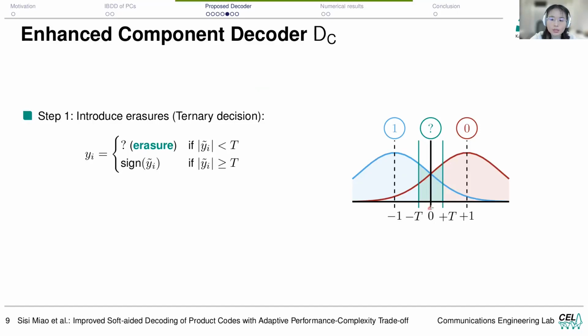The idea is that because we have a BDD-based decoder, if we introduce too many errors at the beginning, then we cannot correct them no matter what we do. But if we turn some errors into erasures, there's still hope that we can correct all of them during the iterative decoding.